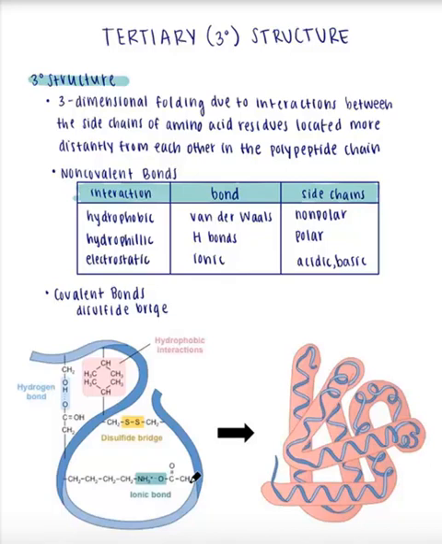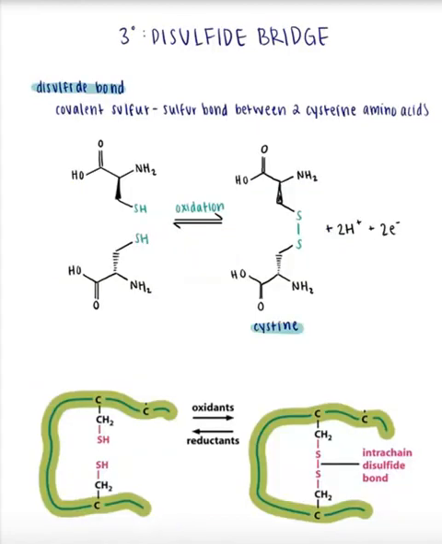Then we also have a specific type of a covalent bond that's very prevalent in tertiary structure, and that's something called a disulfide bridge. So let's walk through it. What a disulfide bond basically is just two cysteine amino acids. Here I have one, here I have another, and their sulfhydryl groups are actually going to form a bond, and that's going to occur via oxidation because we're losing the hydrogens.